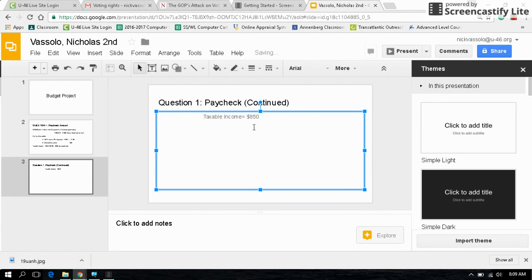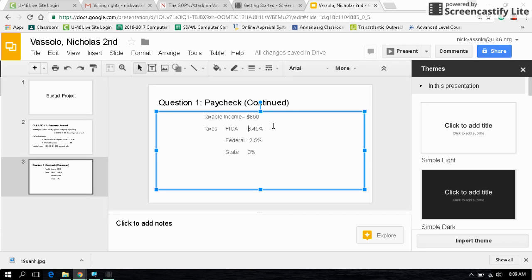What do we have? Your taxes are going to be FICA at 6.45%, federal at 12.5%, and state at 3%.